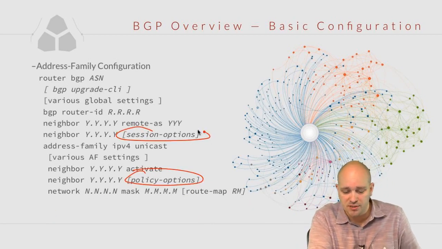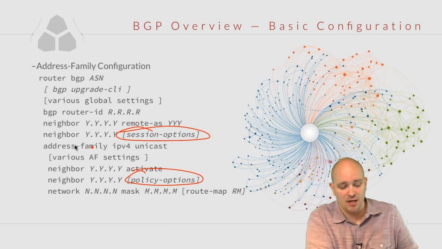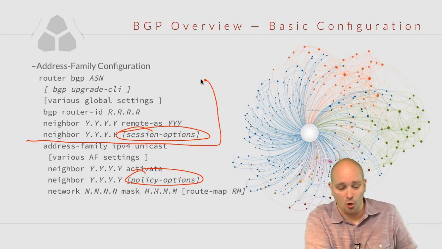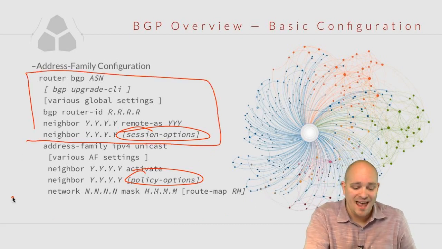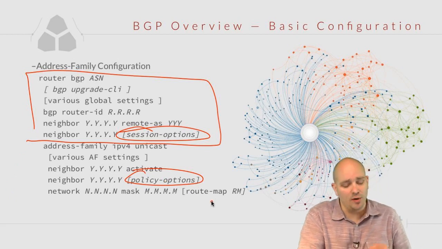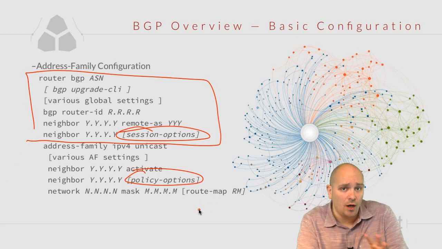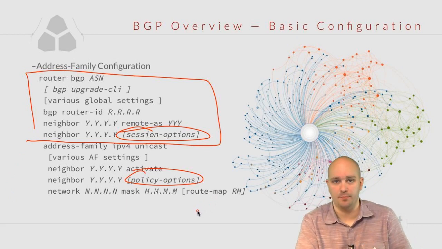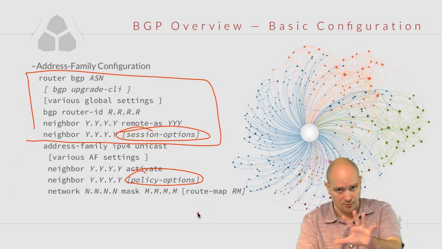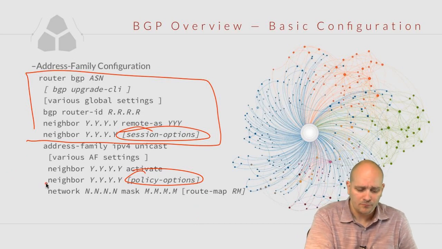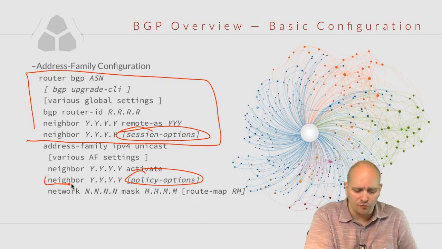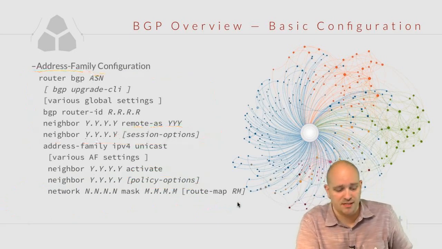So session options control the communication and they are going to be specified in the global configuration part of BGP. And anything that influences how the routes behave, including, for example, route reflection configuration, which I'm going to talk about later on, can be configured, or should be configured, in these policy options.